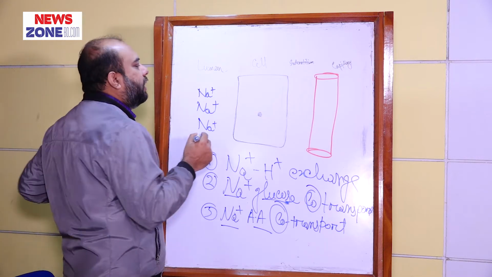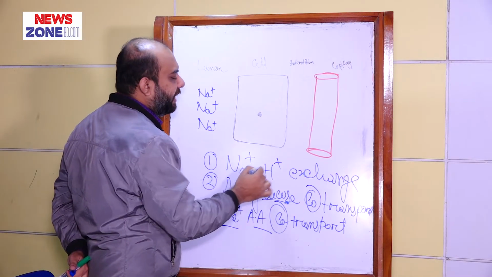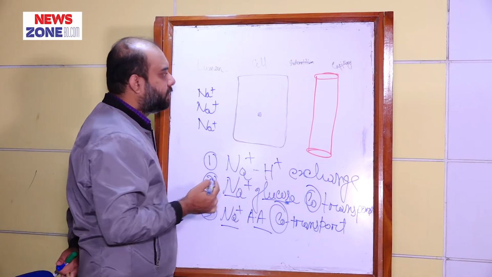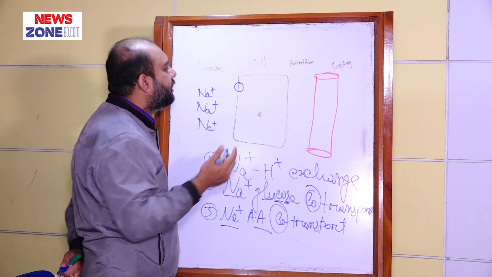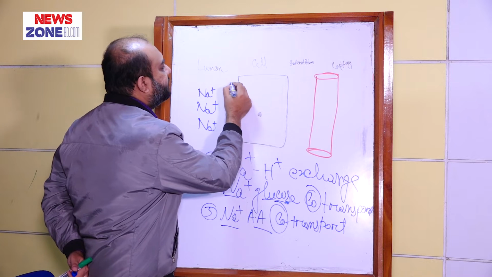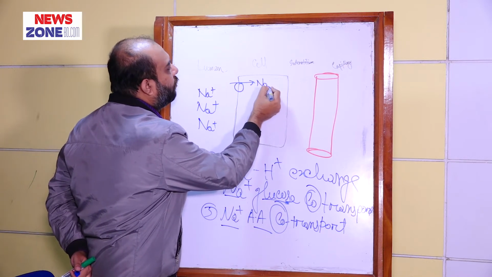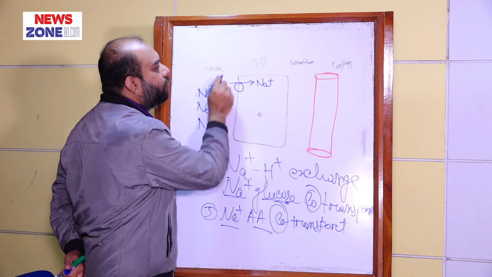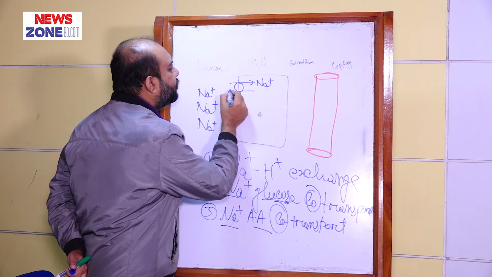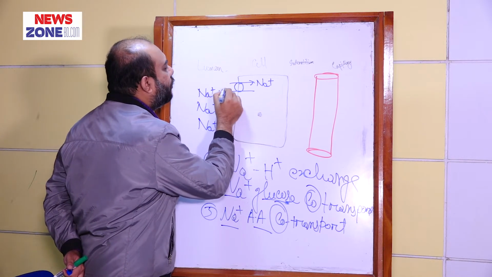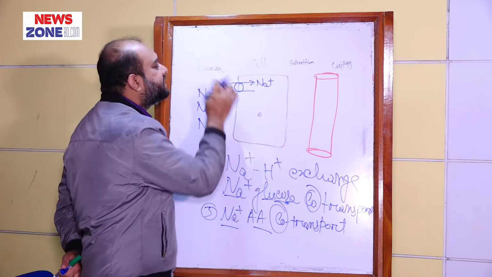First of all, how is sodium transported by the sodium hydrogen exchange mechanism? At first, I will draw a carrier protein or exchange protein or pump protein. Sodium will go from outside, that means from the lumen into the cells, and in exchange for the sodium ion, a hydrogen ion will be secreted from the tubular epithelial cells into the lumen.